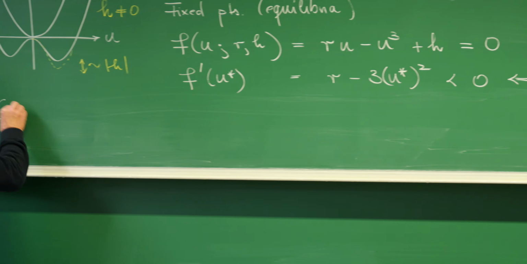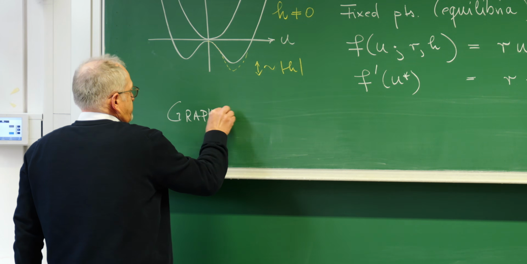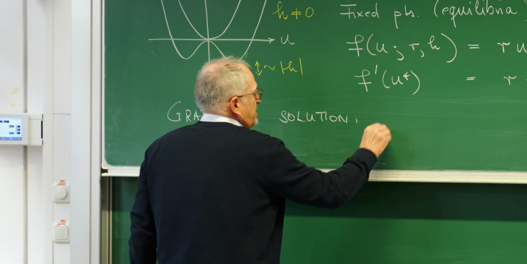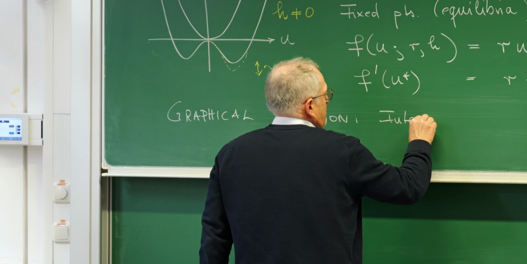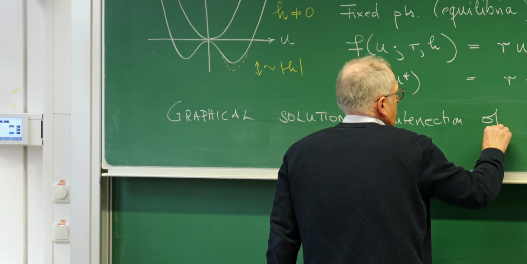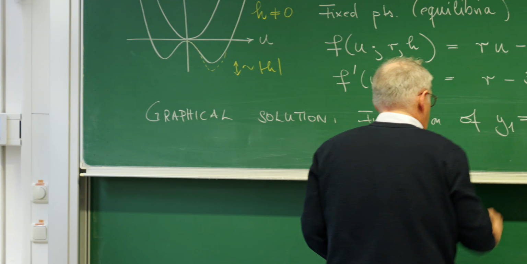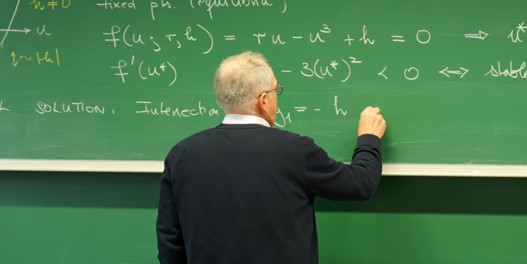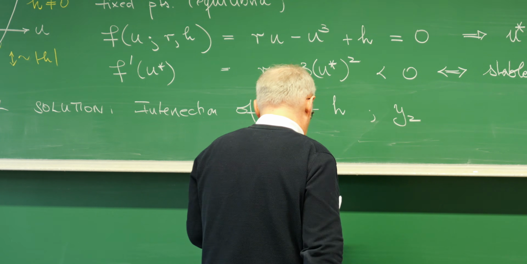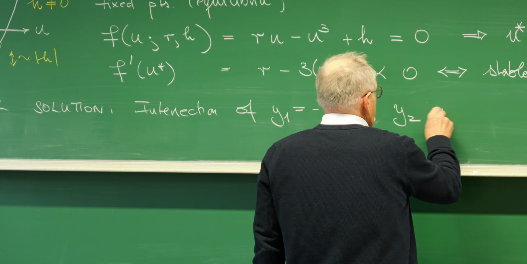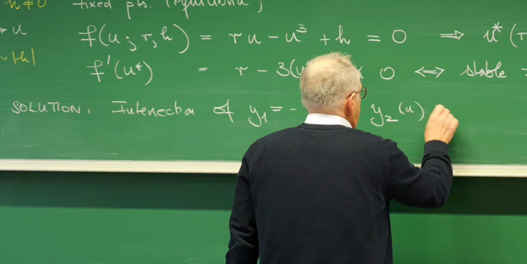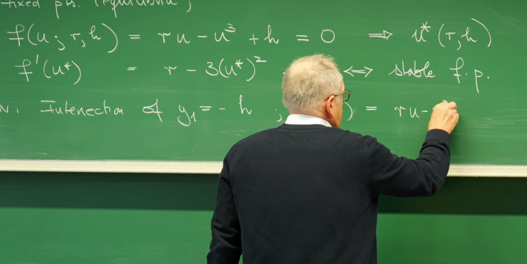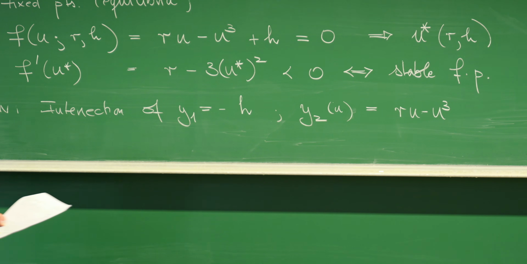So let's look at a graphical solution, which is the intersection of a function y1, which I call minus h, and a function y2 of u, which is r times u minus u to the third.